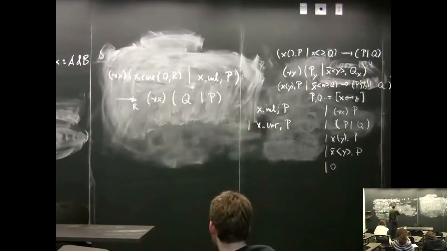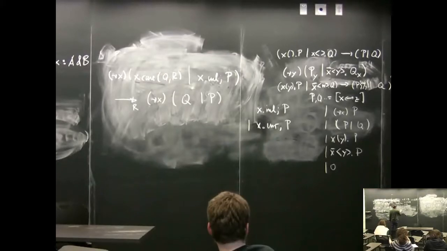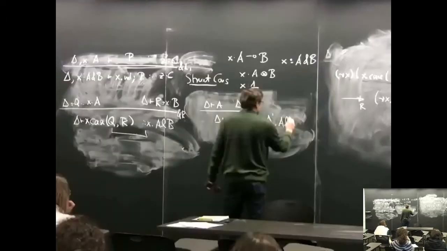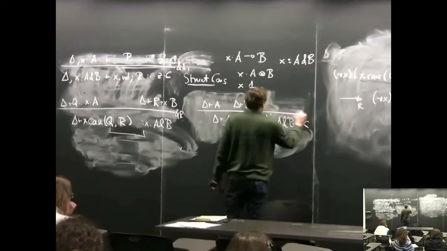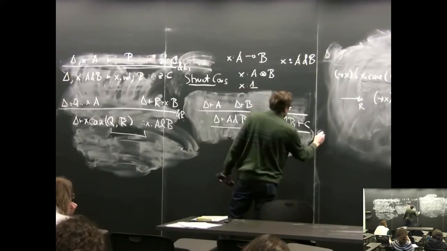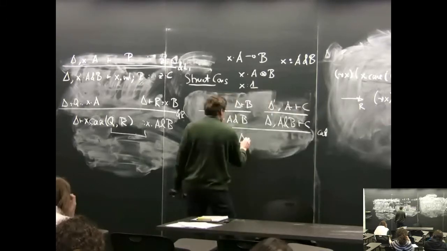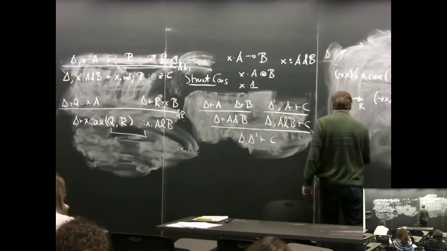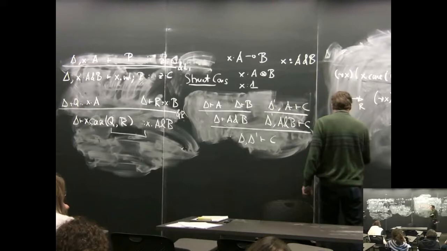So in the sequent calculus, we have delta proves A with B because delta proves A and delta proves B, and delta prime, A with B proves C because delta prime proves A. Then we do our cut, delta prime together with A proves C. We do our cut, and because delta prime proves C.